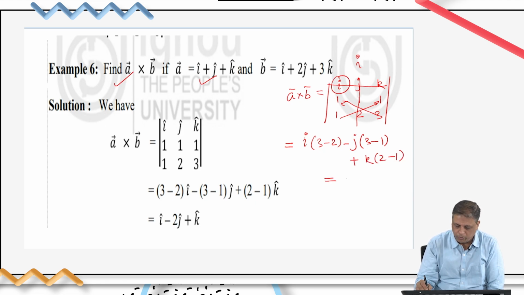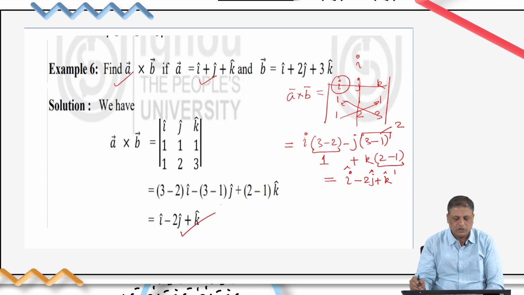So, this turns out to be I minus, because 3 minus 2 is 1, 3 minus 1 is 2 and 2 minus 1 is 1. So, this turns out to be I minus 2j plus k. This is the vector A cross B.